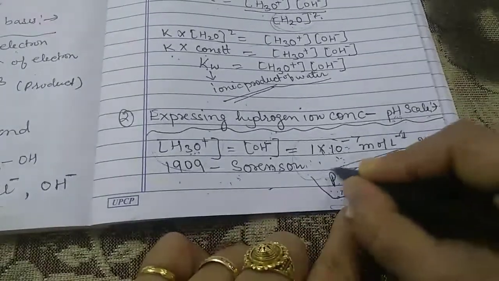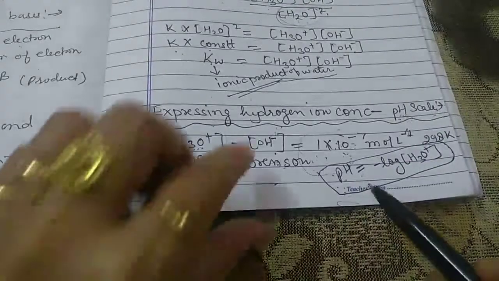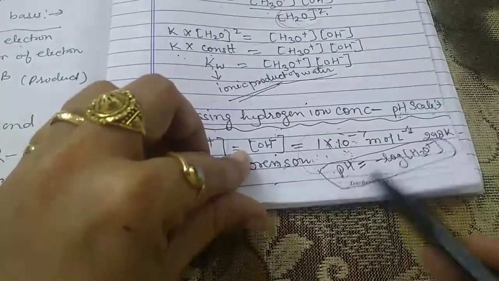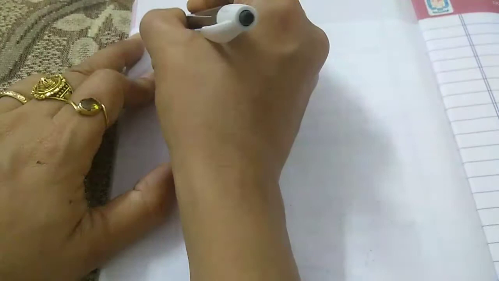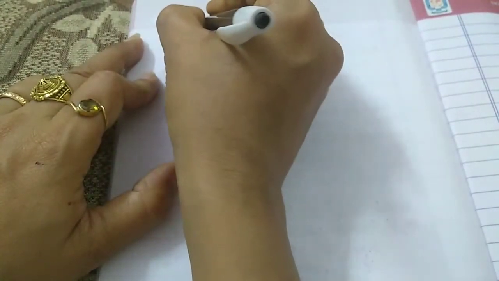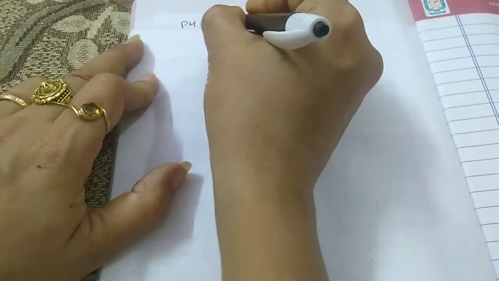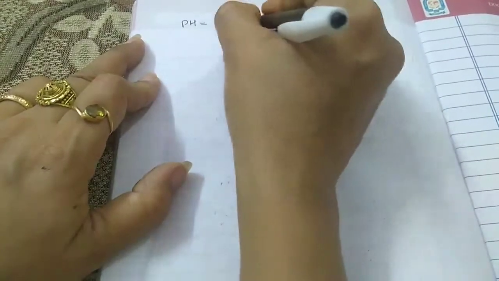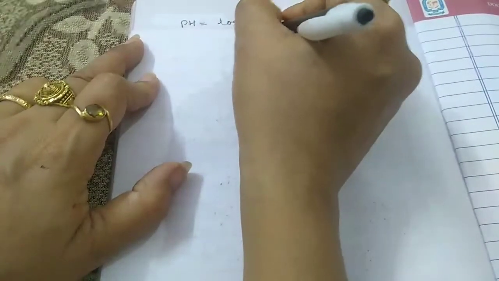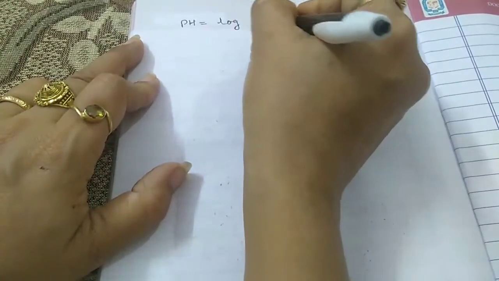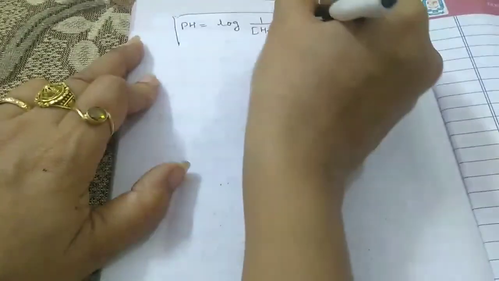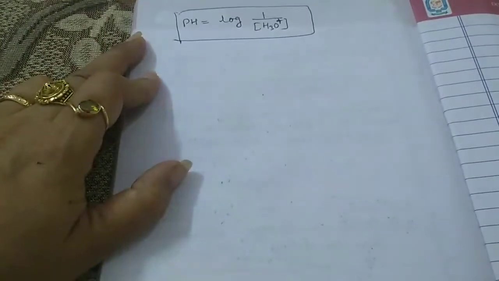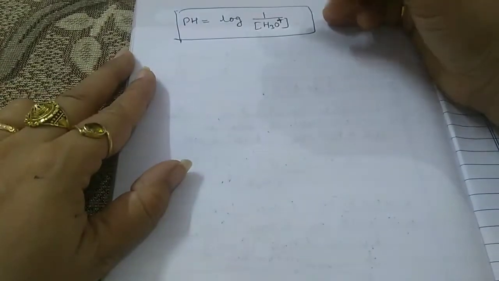It is also written as pH is equal to log 1 upon H3O plus. This is the mathematical representation for the pH.